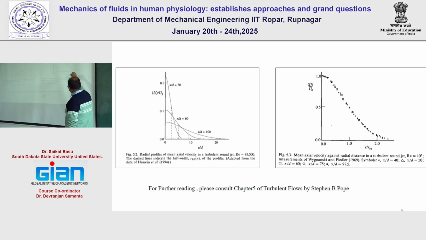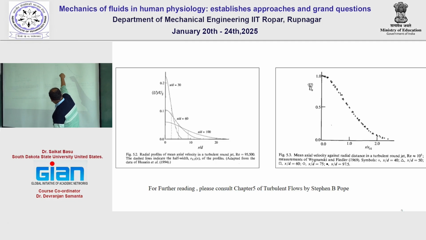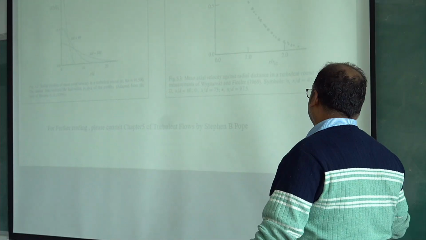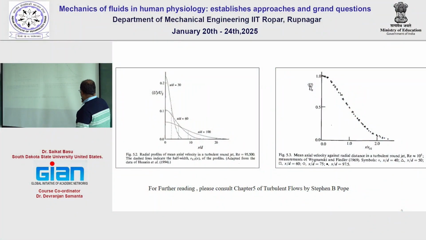Likewise here, if we plot u by u0, where u0 is the initial maximum velocity, against the axial distance by the initial r half, that is the half-width of the central jet initially, then the profiles essentially overlap on one another. That's why it is called shape similarity.